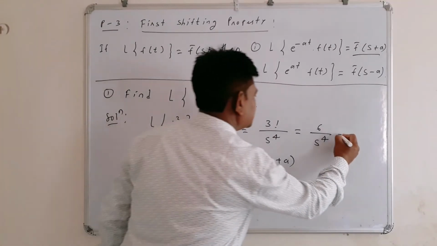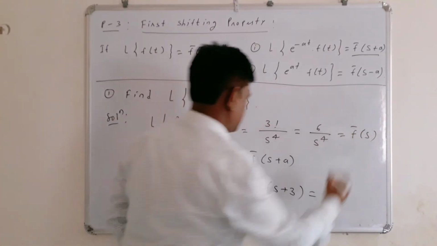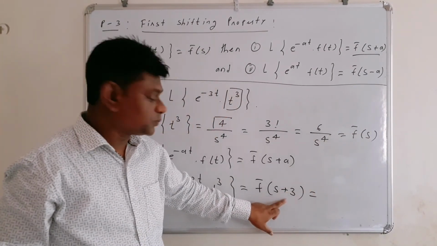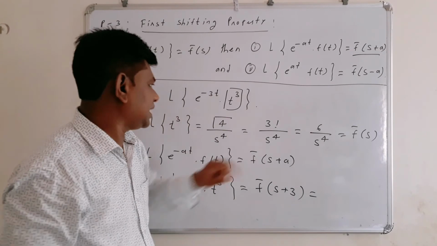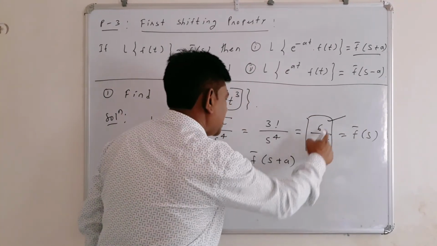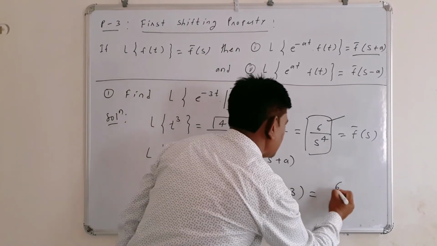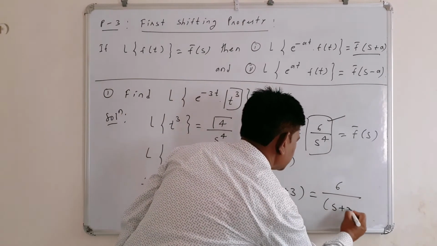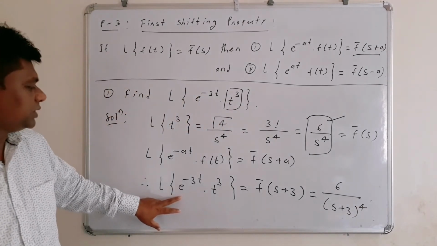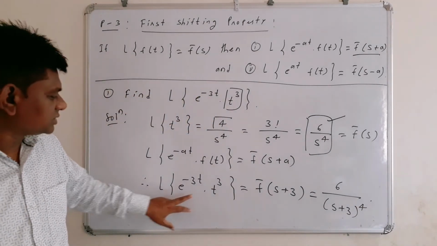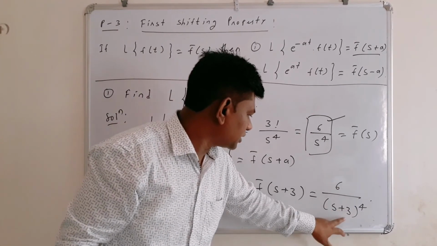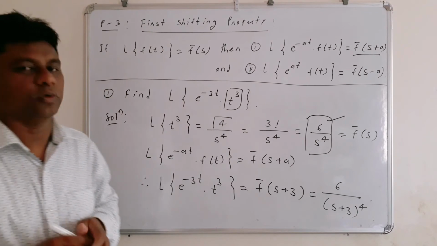That means we replace s by s plus 3 in f bar s. The answer is, replace s by s plus 3: 6 upon s plus 3 to the power 4. So this is the Laplace transform of e to the power minus 3 times t to the power 3. Answer is 6 upon s plus 3 to the power 4.